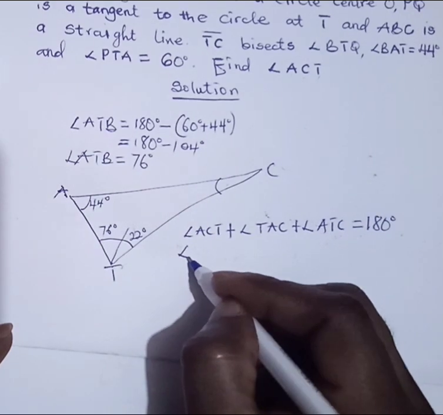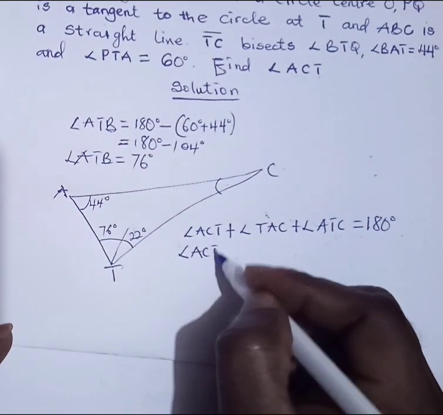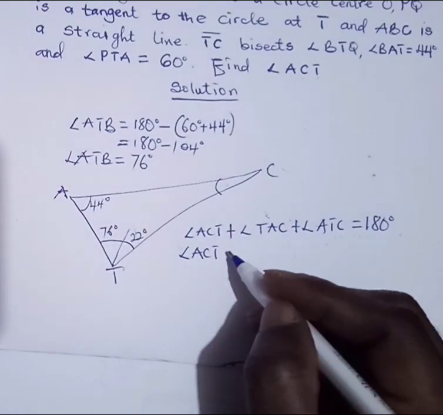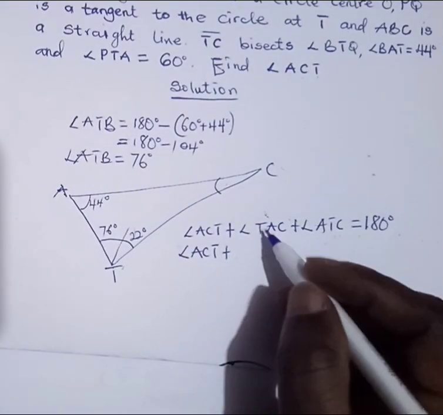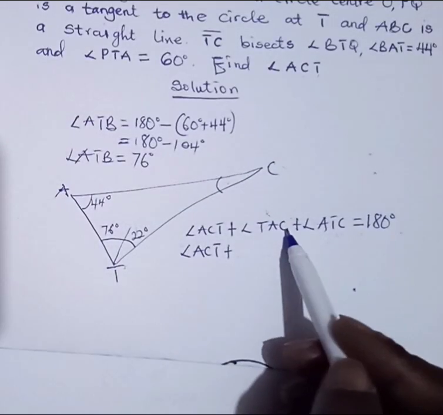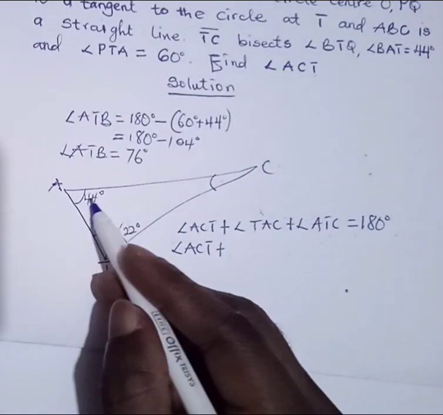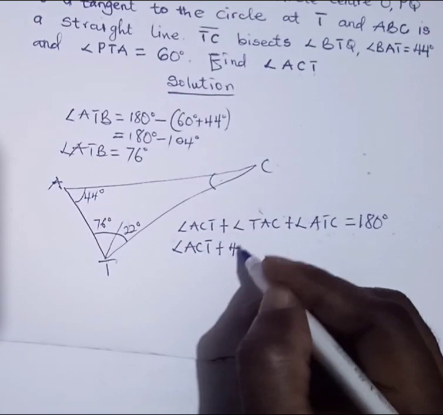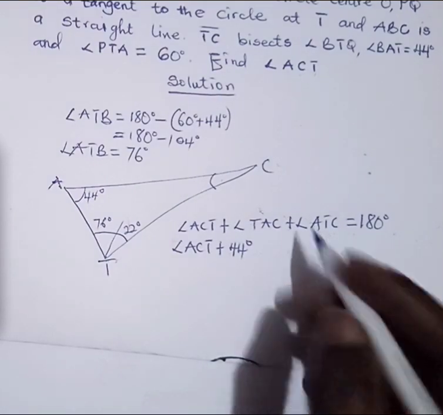So angle ACT, which we are interested in, plus, so angle TAC, what did we get? So what do we have? Let's see, angle TAC. This is the angle we are looking for, which is what? 44 degrees, right?